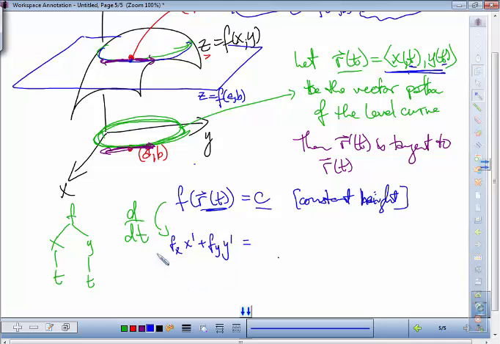But I'm more interested in looking at this as fx comma fy dotted with x prime, y prime. Actually, I'm more interested in looking at it like this. The gradient of f, and then I'm going to fill this in. Normally I put a b, right?